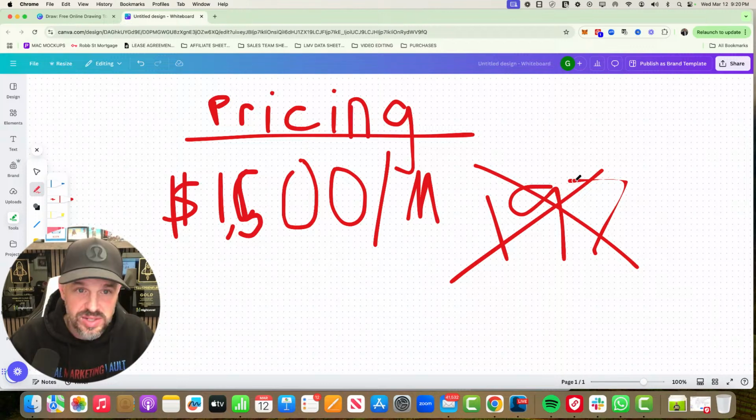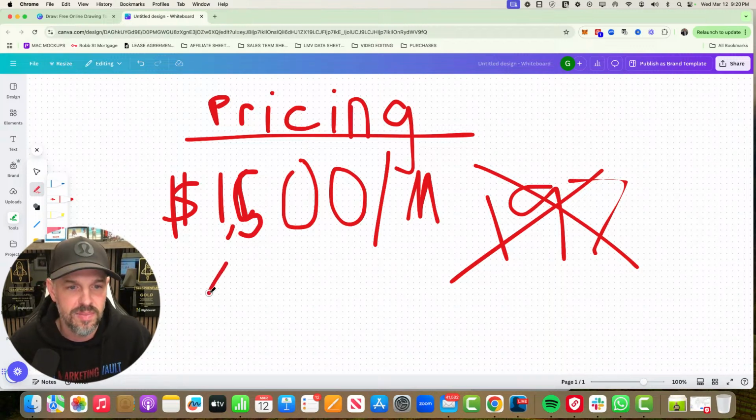Because let's take 150,000 divided by 197. You would need to have 700. So this is 100 clients. Hold on, where's my eraser? Okay, this is 100 clients, and that's 150K equals 150K.